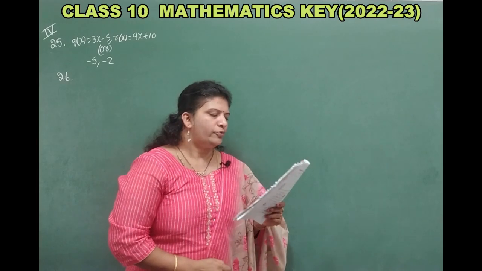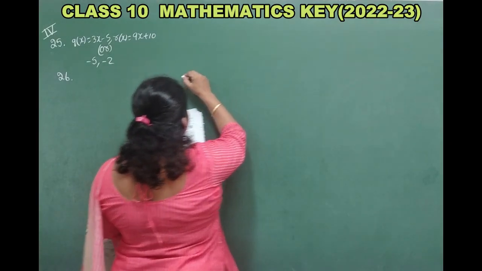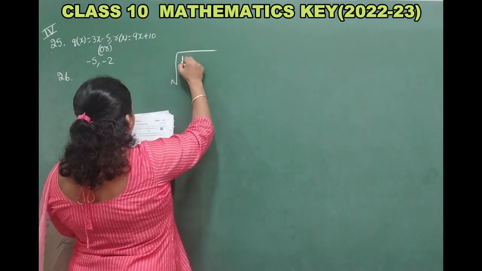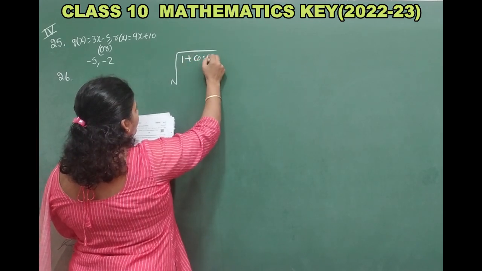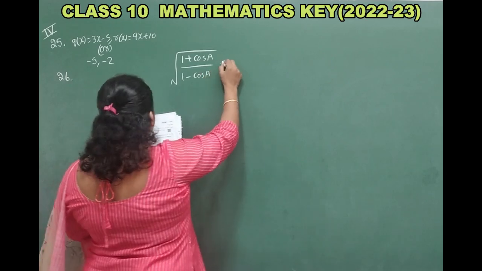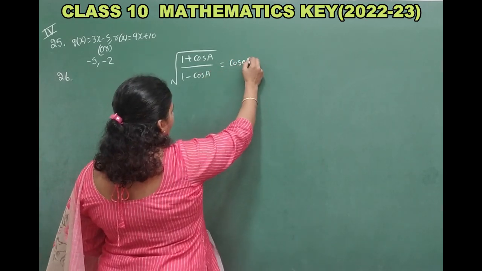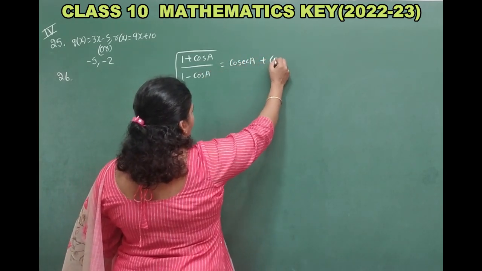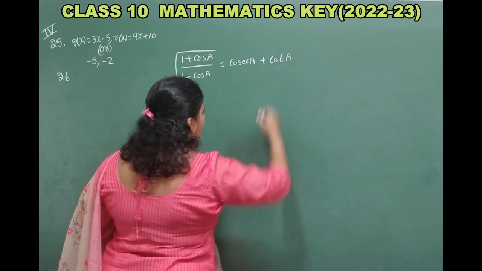26th problem. Prove that square root of 1 plus cos A by 1 minus cos A is equal to cosecant A plus cot A. We need to prove this.